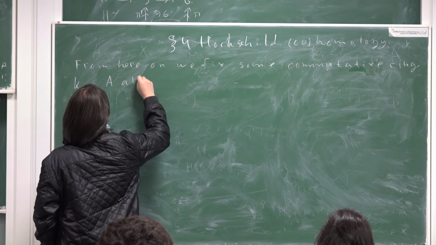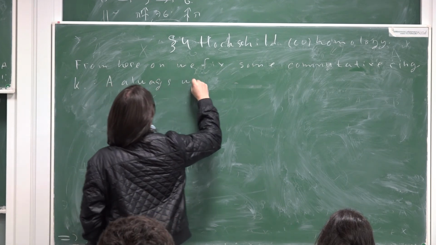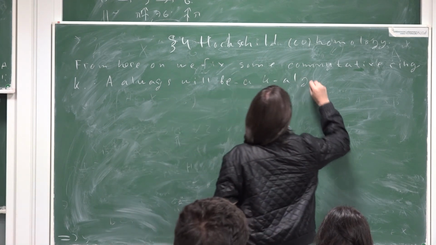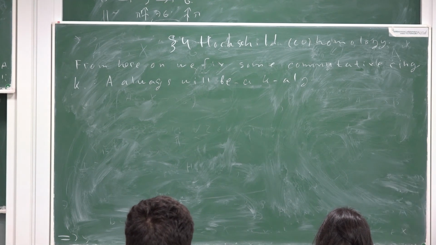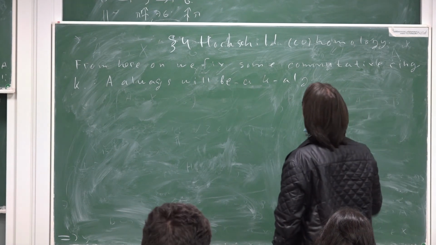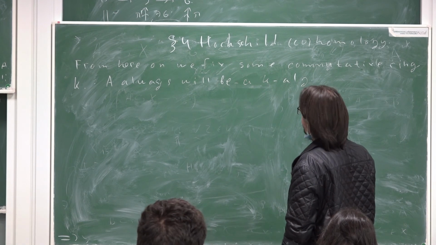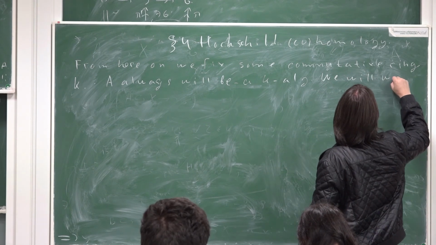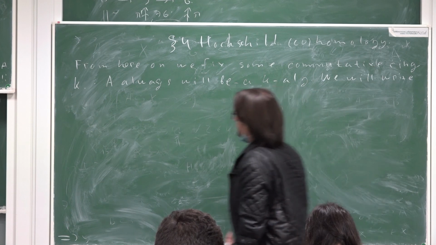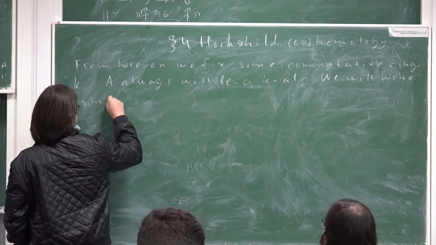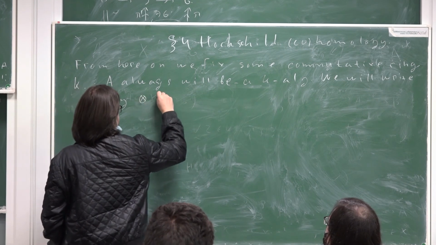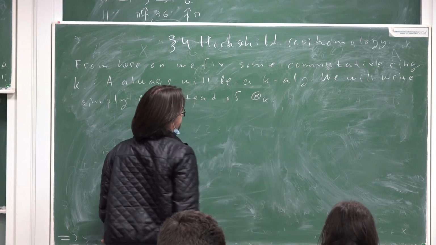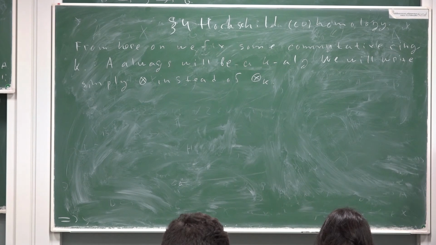So A always will be a K algebra. And also we will write simply tensor instead of tensor over K. So what is a K-algebra?